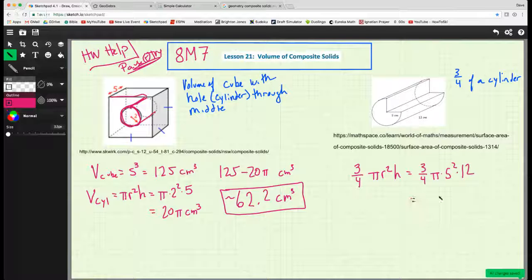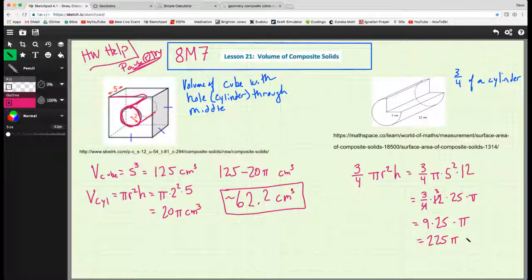Before I start multiplying, I'm just going to reorder this in a way that makes the multiplying a little bit nicer. 3/4 times 12 times 25 times pi. So 3/4 of 12, 3 times 3 is 9. 9 times 25 times pi. 9 times 25 is 225 pi centimeters cubed.